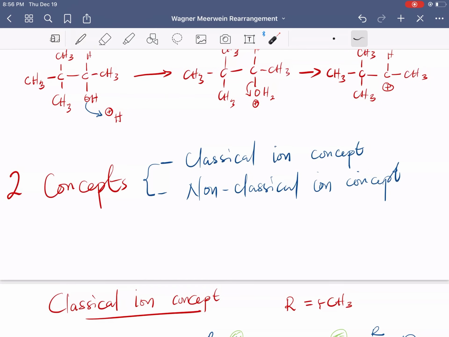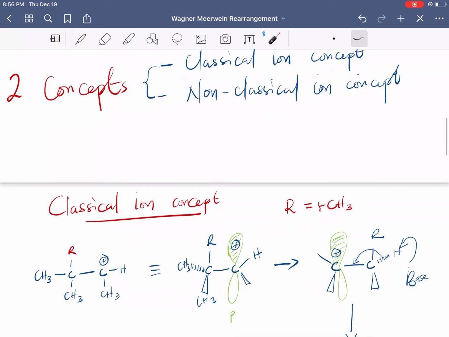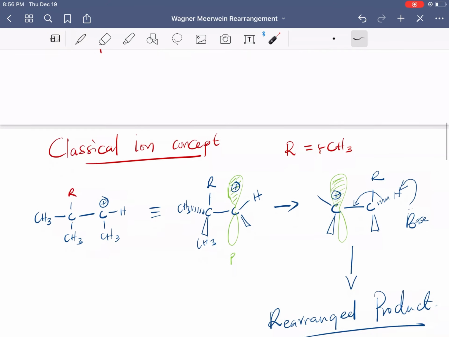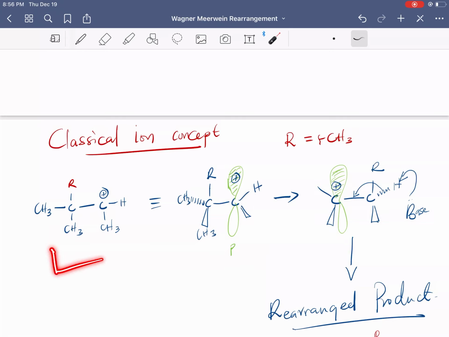Now for the classical ion concept, for simplicity's sake, let's make our CH3 group here an R to make things simple. After the carbocation has been generated in this step, it's important to note that these two carbons here have different hybridizations. This one is still sp3 hybridized, while this one now is sp2 hybridized.